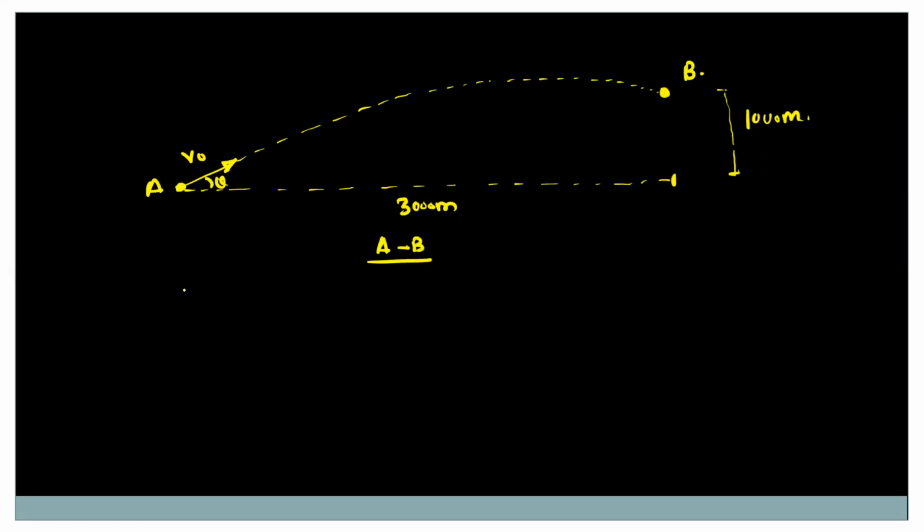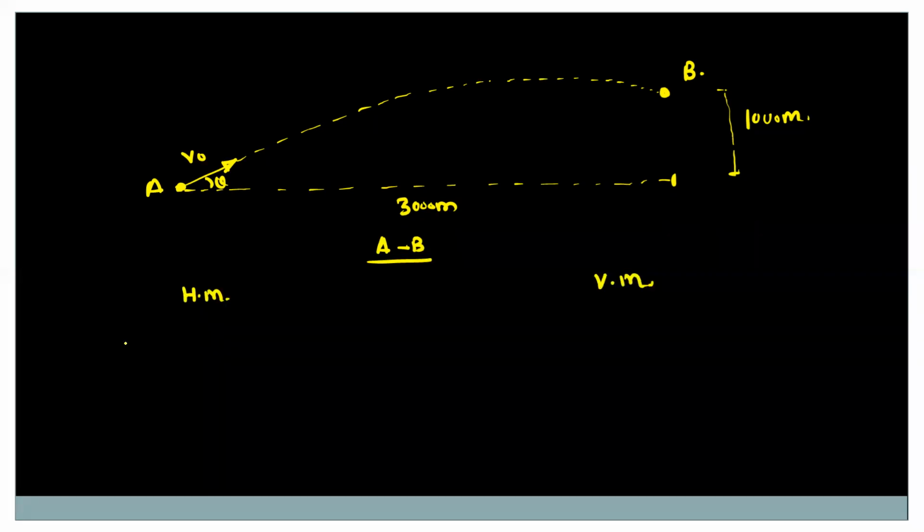So this is the point B. Consider this point A. This angle is theta. This horizontal distance is given as 3000 meter, and this vertical distance is equal to 1000 meter. So we will consider the motion A to B, and we will divide this motion into horizontal motion and vertical motion.